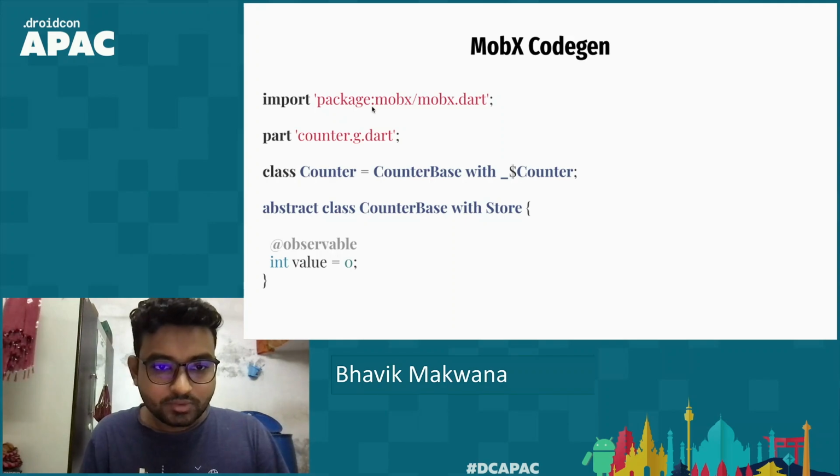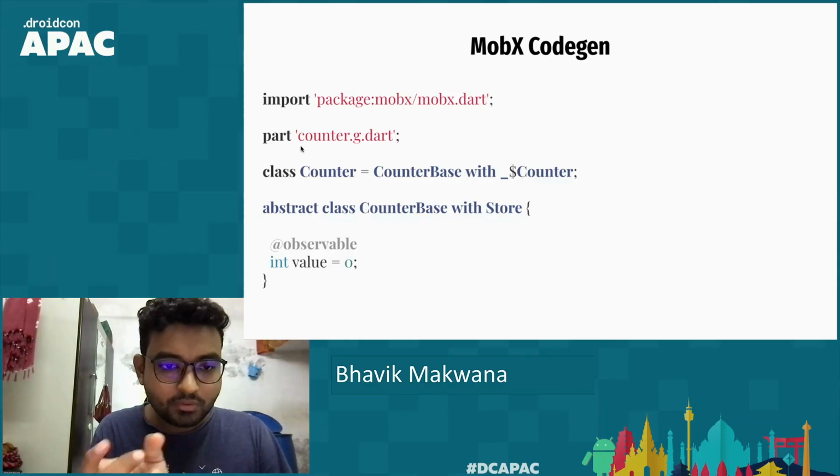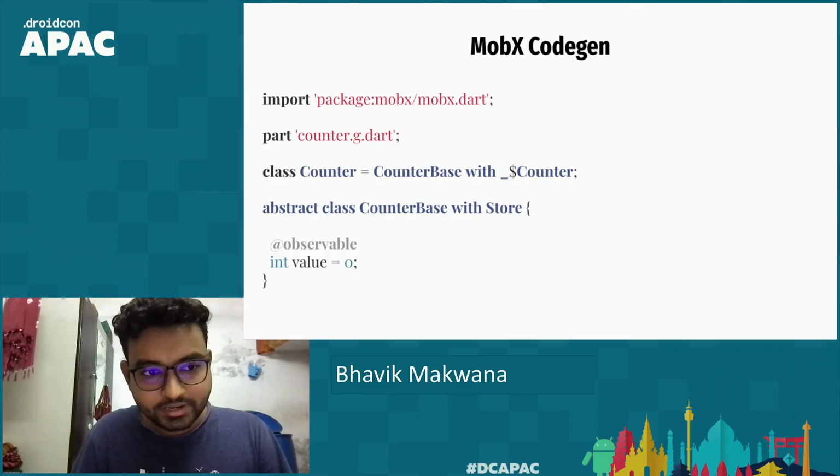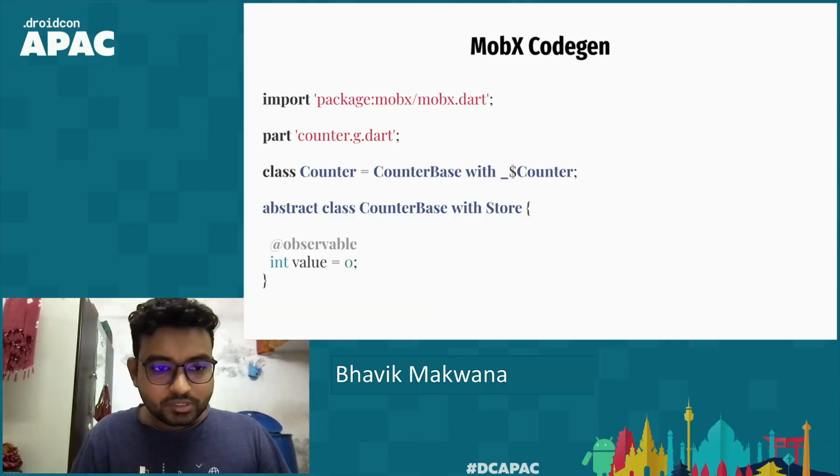Over here we again import the mobx.dart file. Then we create a file, counter.g.dart. It will be created automatically, but we declare that it is a part of counter.g.dart. Whenever you run build runner, it will generate the boilerplate code for you. You don't have to write anything extra.